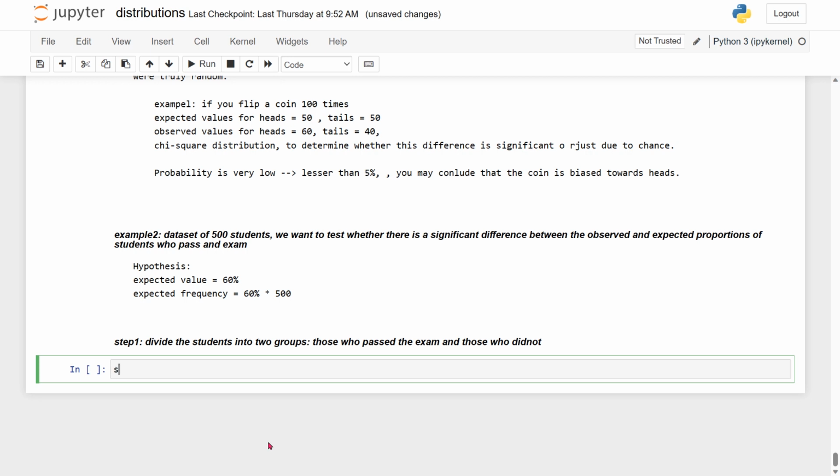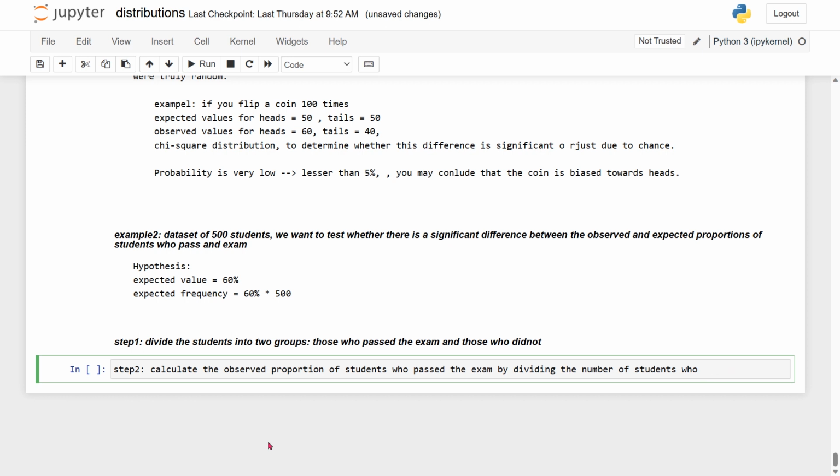Then step 2, calculate the observed proportion of students who passed the exam by dividing the number of students who passed by the total number of students.